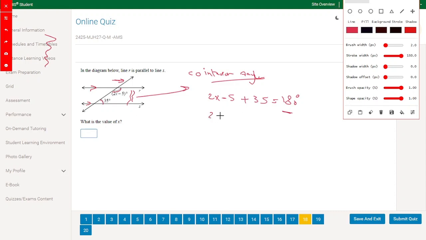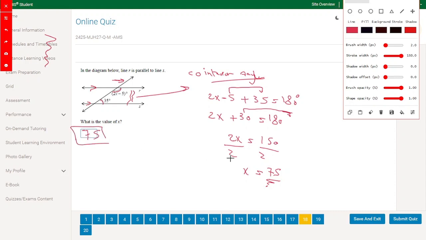So now here we have 2x plus 30, because minus 5 plus 35 will be 30, equal to 180. 30 will go to the other side, so 2x will be equal to 180 minus 30, which is 150. So divide by 2, divide by 2, so x will be equal to 75. So the answer here will be 75.